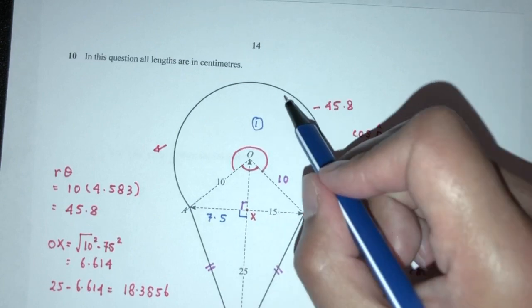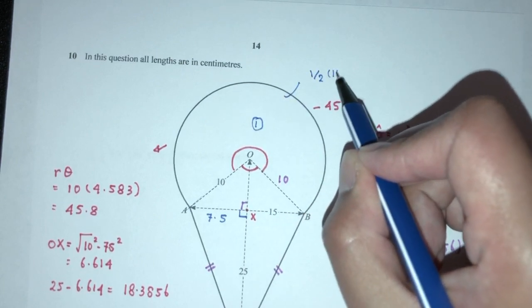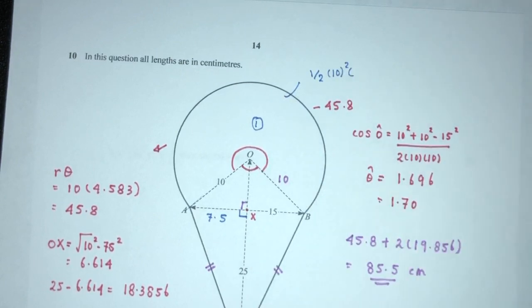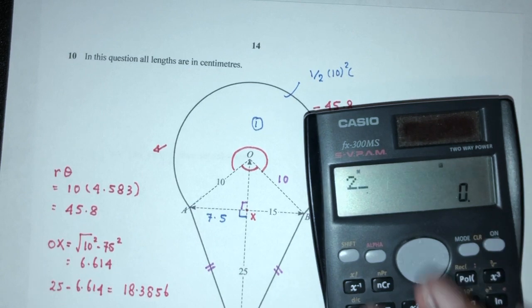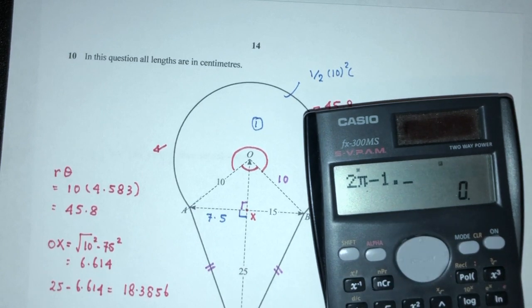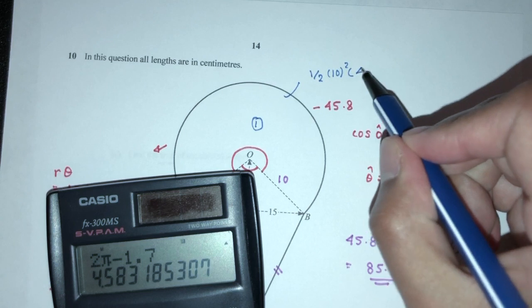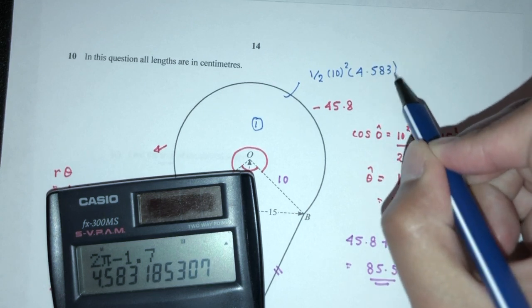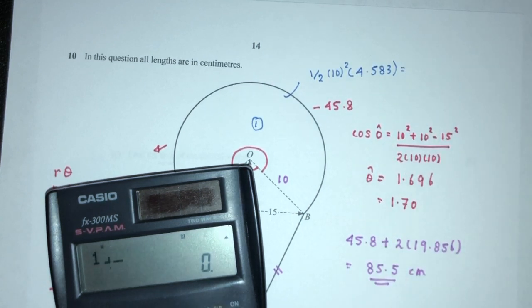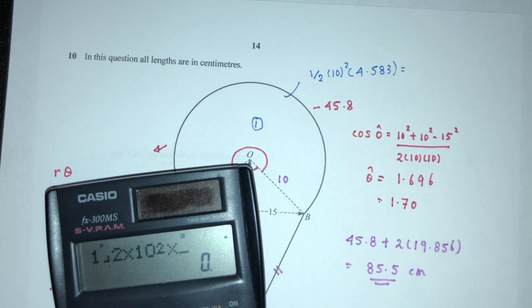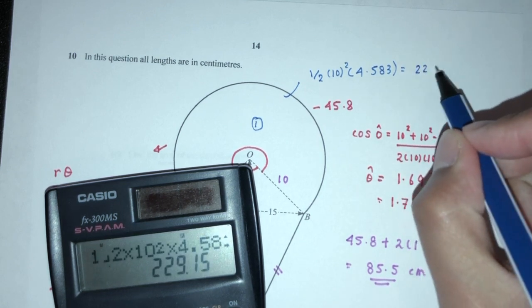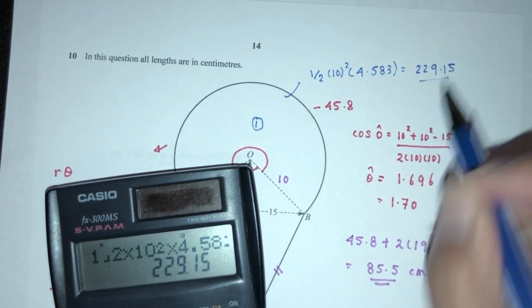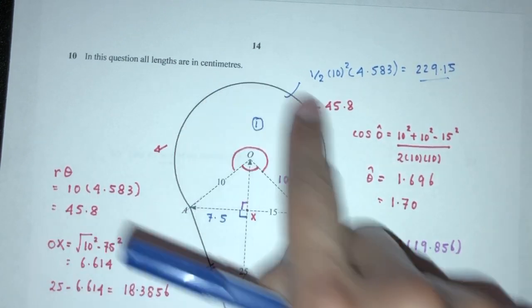That will be half r square, which is 10 square, times the angle theta. Theta will be 2 pi minus 1.7, that will be 4.583. That will be half times 10 square times 4.583. That will be 229.15. So that is the area of this one.